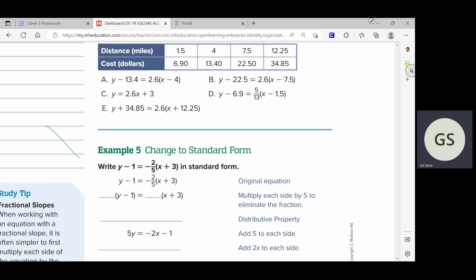I've got one we're going to do. So we're going to change it into slope-intercept form, which means we're going to get y all by itself. And then we're going to change it after that into what's called standard form. Don't worry, you're going to write it down in a second. But example 5 will help you with a little bit of that. It'll be the same 2 steps we're about to do to eventually get it to standard form.